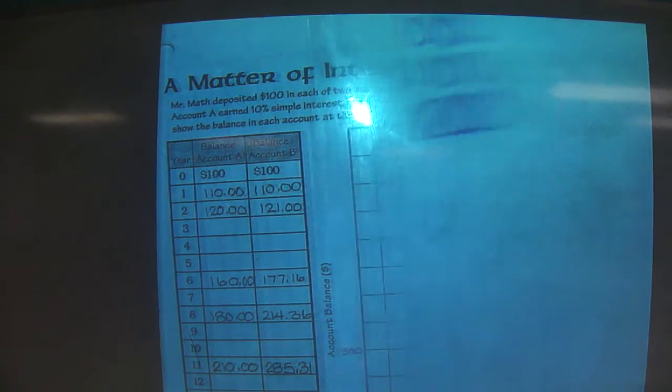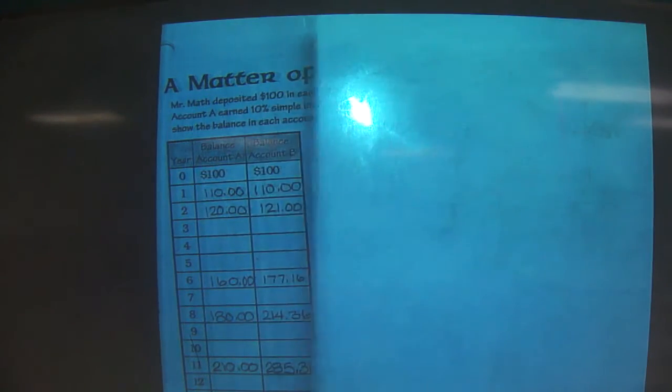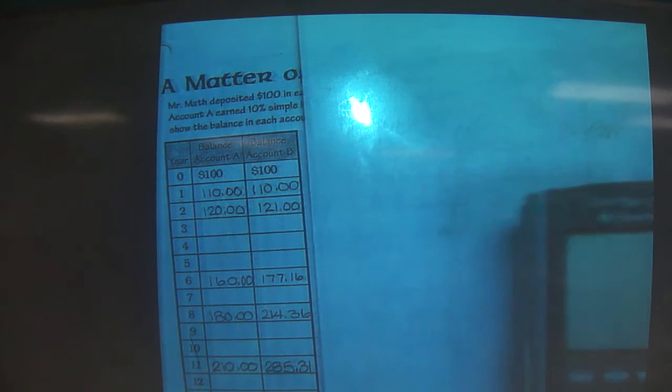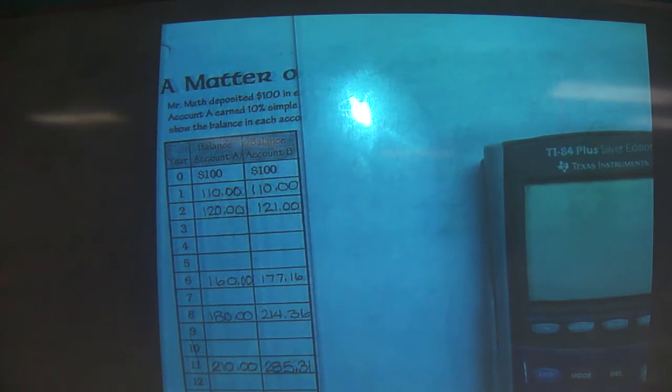Now, in account B, I'm just going to flip this on over. You are going to do your compound calculation. So you have 100 plus the 10 you know about, right?